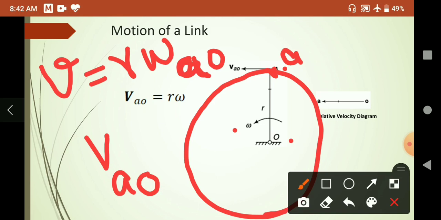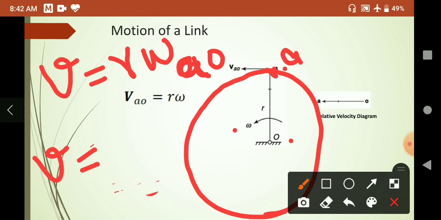So here, what is the radius of the circular path? It is nothing but the length of the link OA. So this equation can be modified as V, the magnitude of the velocity, equal to OA into omega AO.